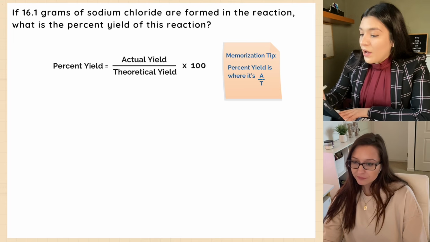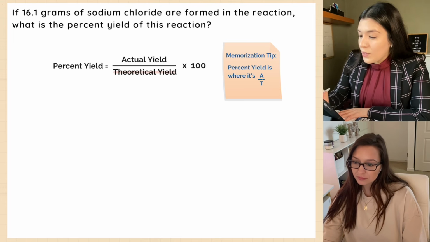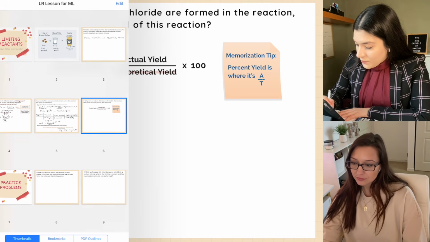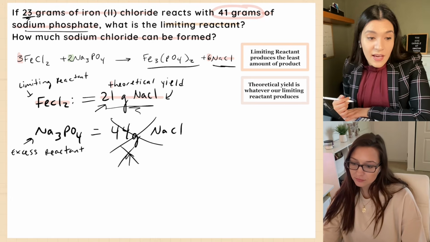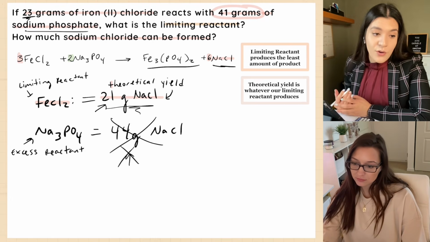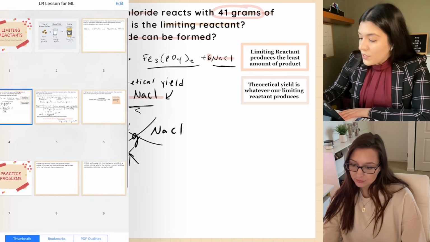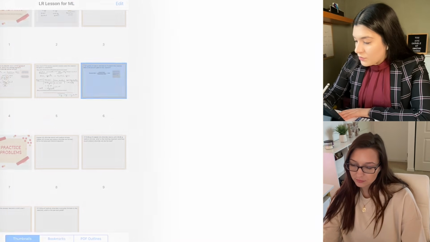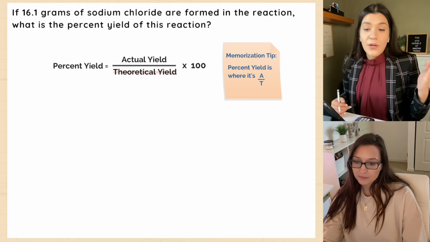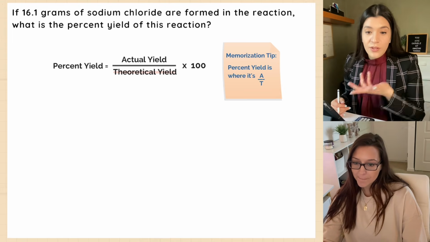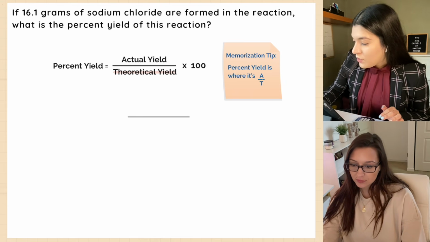We already found in this question that 21 grams of NaCl was produced from our limiting reactant. So that is our theoretical yield. Your theoretical yield is always found using stoichiometry. It's whatever your limiting reactant produces. So I know my theoretical yield is 21 grams.